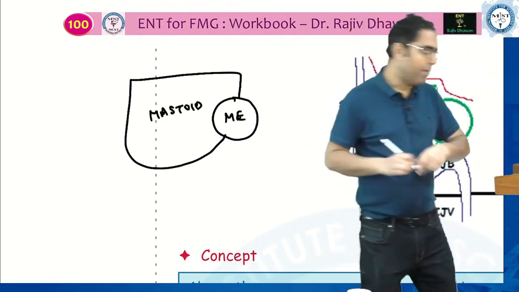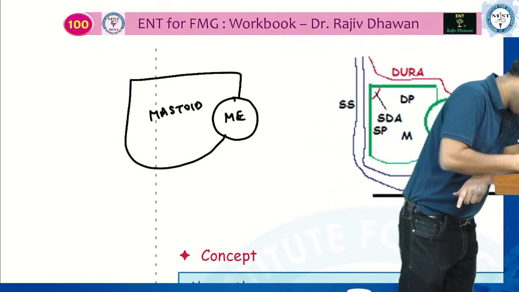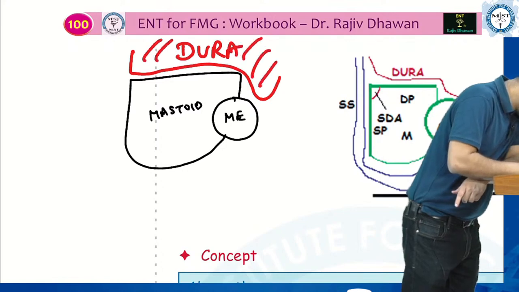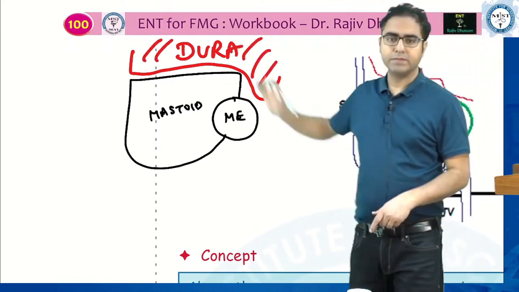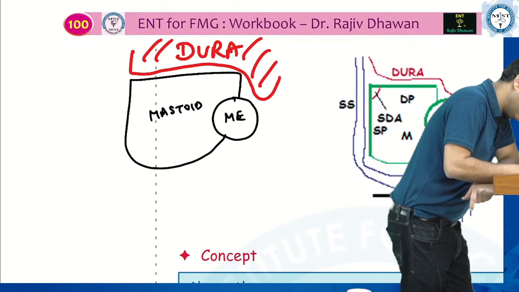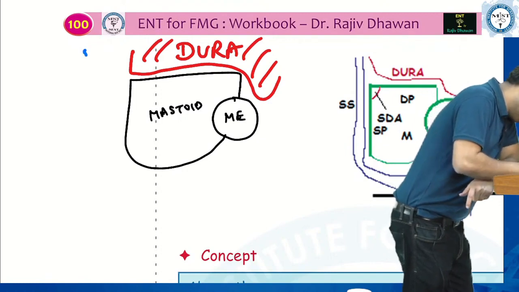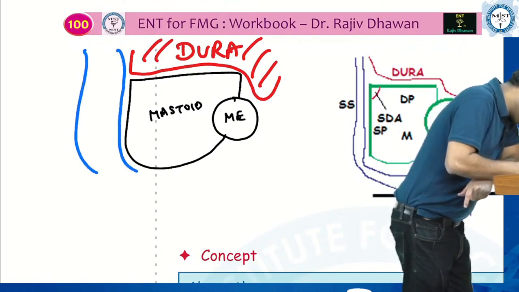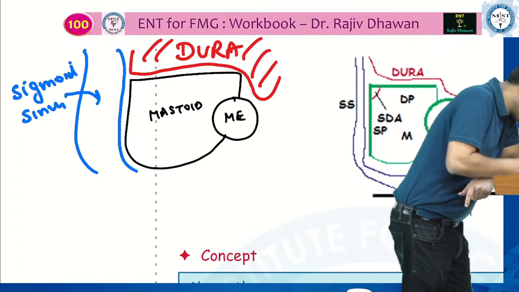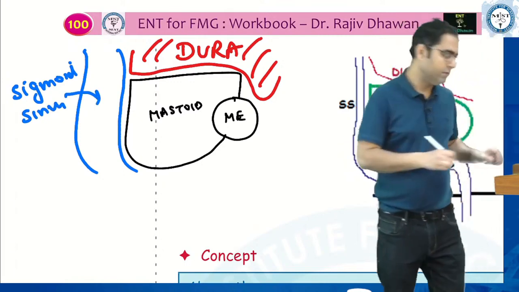Above the ear, draw the dura or brain, beta. Above the ear is the brain, the dura of the brain, the temporal lobe of the brain. Now behind, this is called the sigmoid sinus, beta.